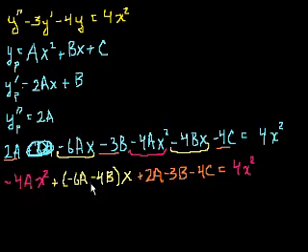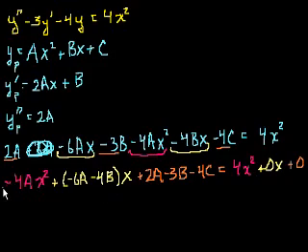Now how do we solve for a, b, and c? Well, whatever the x squared coefficients add up to on this side, it should equal 4. Whatever the x coefficients add up to on this side, it should be equal to 0, right? Because you can view this as plus 0x, and then you could say plus 0 constant as well. So the constant should also add up to 0.